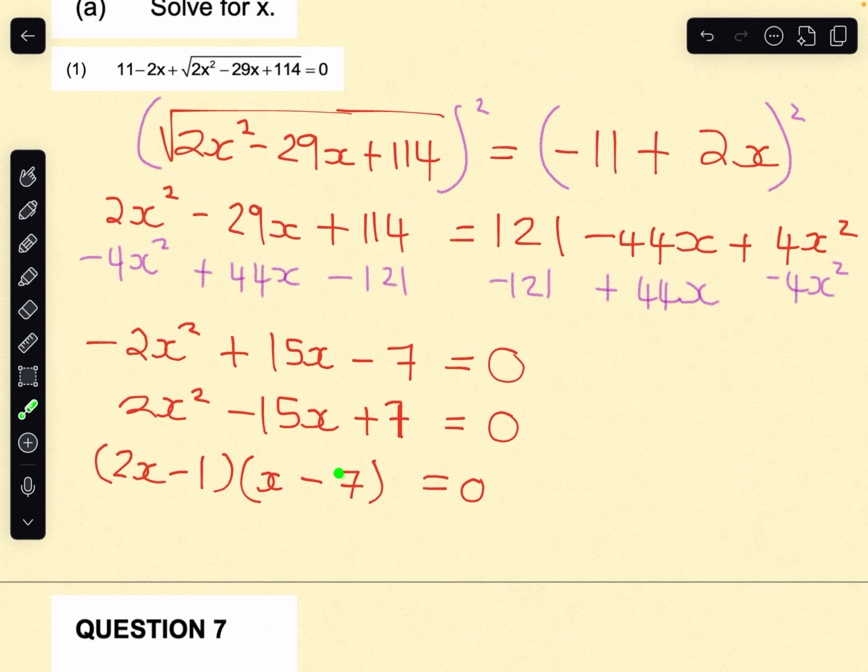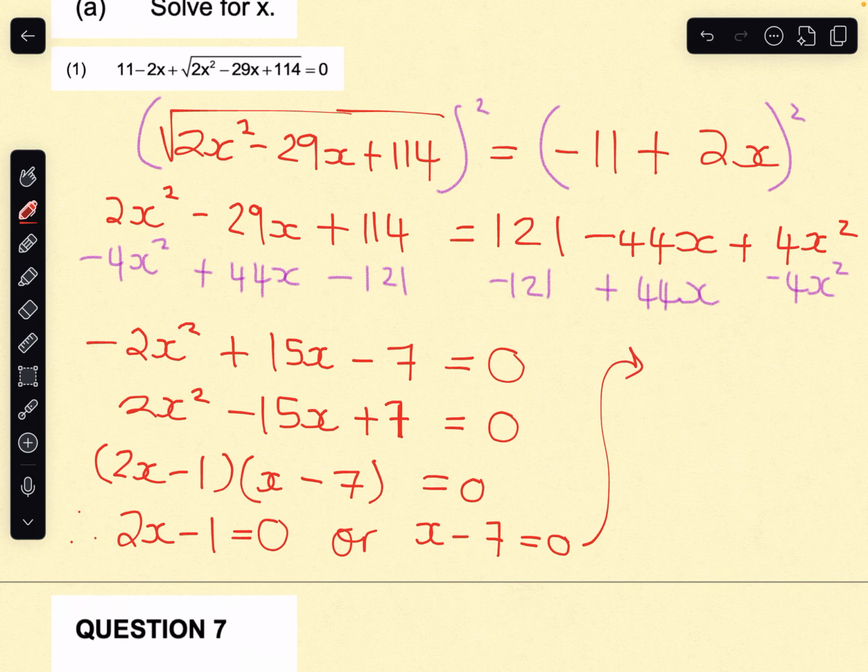So that's minus 14x and minus 1x, which gives me that guy, and minus 1 times minus 7 gives me 7. So therefore 2x minus 1 is equal to 0, or x minus 7 is equal to 0.